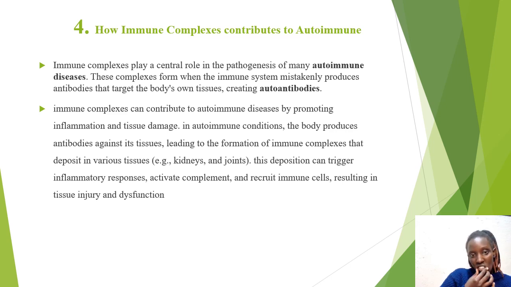Immune complexes can contribute to autoimmune disease by promoting inflammation and tissue damage. In autoimmune conditions, the body produces antibodies against its tissues, leading to the formation of immune complexes that deposit in various tissues like the kidneys and joints. This deposition can trigger inflammatory responses, activate complement and recruit immune cells, resulting in tissue injury and dysfunction.